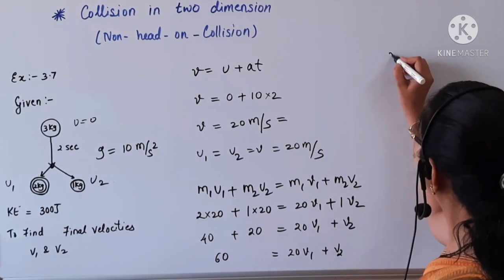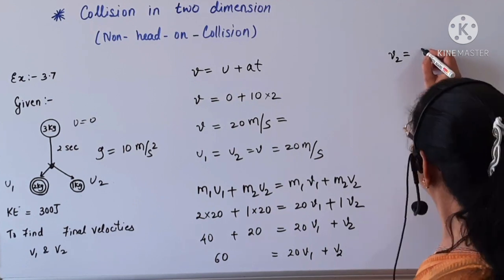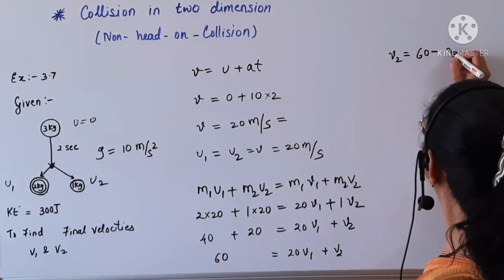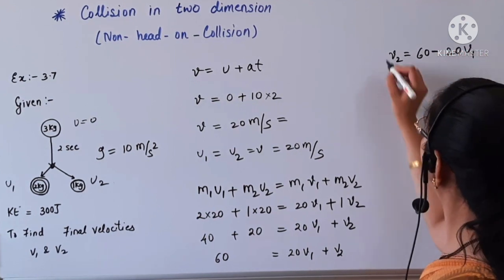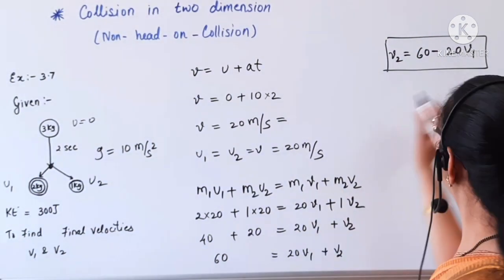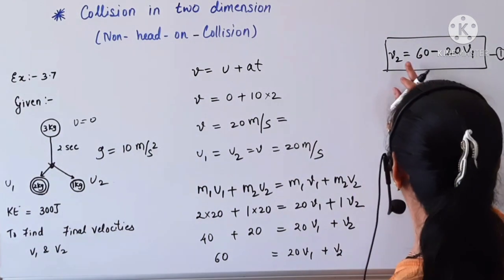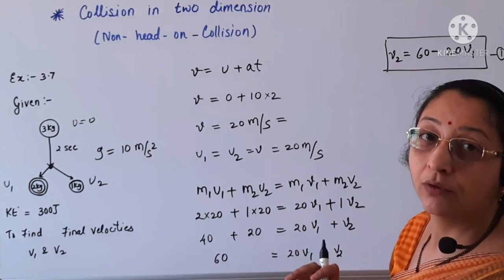This V2 we can write as 60 minus 2 V1. So this is one equation which we have found between V1 and V2.